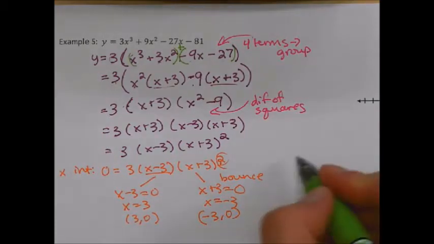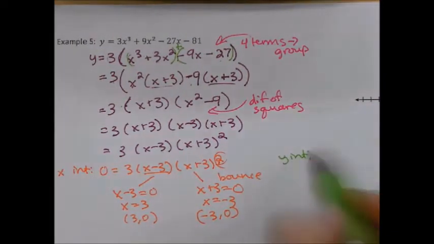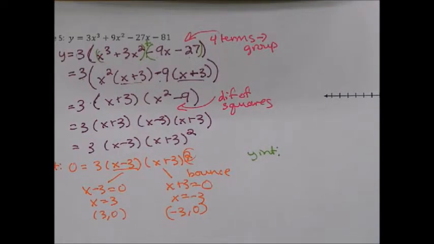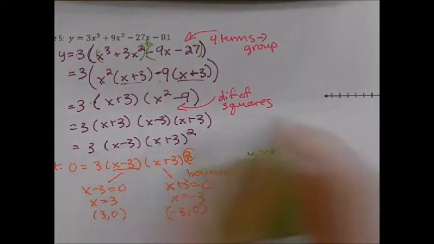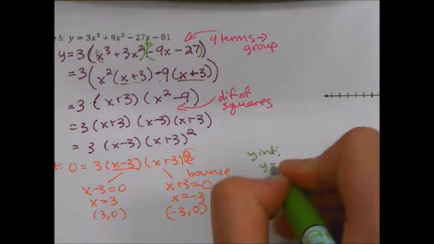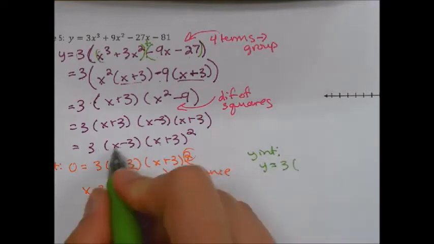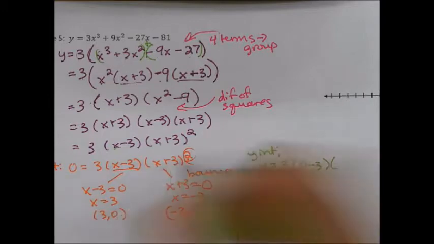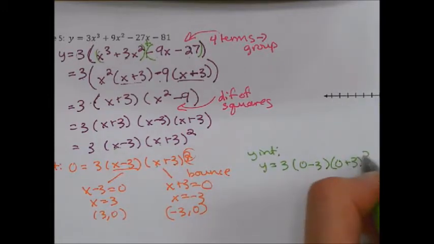Now we're going to find our y-intercepts. For our y-intercepts, I make x 0, so y equals 3 times 0 minus 3, 0 plus 3 squared.